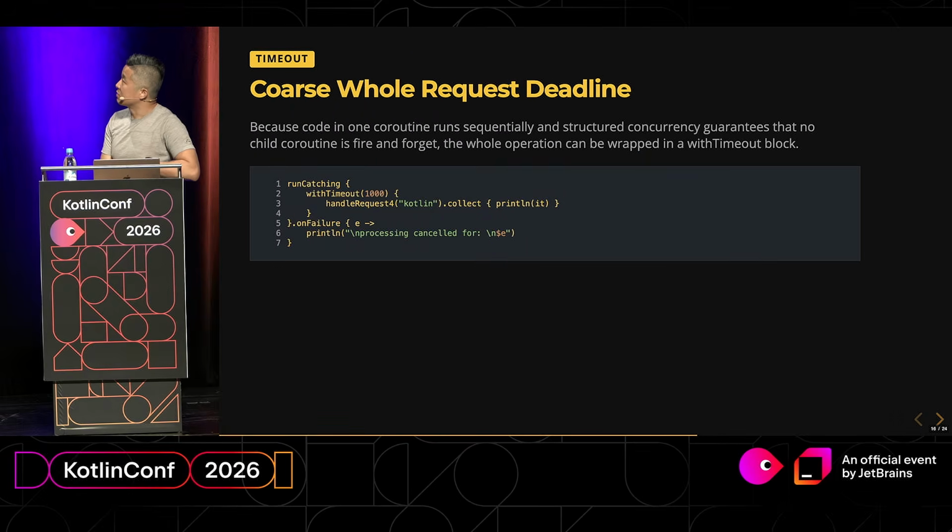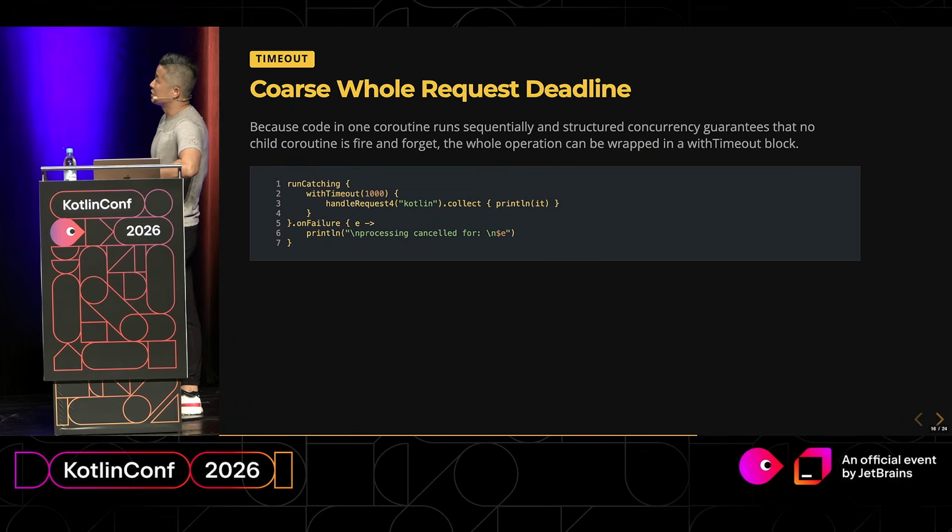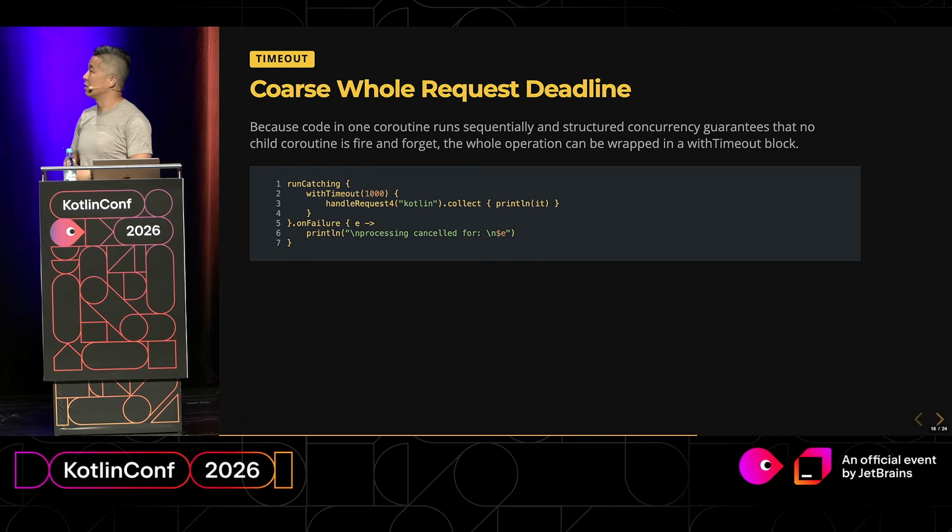One simple way of doing that is just to have a coarse, whole-request deadline. We can do that pretty easily with Kotlin, mainly because Kotlin coroutines and suspend functions are executed sequentially. Even if a suspend function can be suspended and resumed, it doesn't mean the execution flow goes somewhere else.